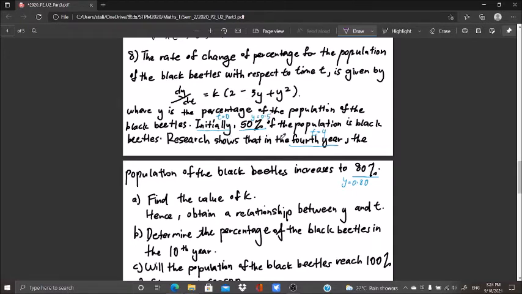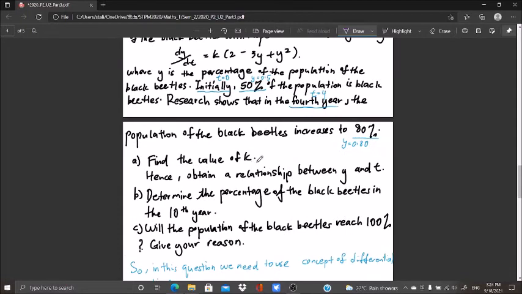Research shows that in the 4th year, t equals 4, the population of black beetles increases to 80%, which means y equals 0.8. So we have two sets of data. One is t equals 0, y equals 0.5. One is t equals 4, y equals 0.8.